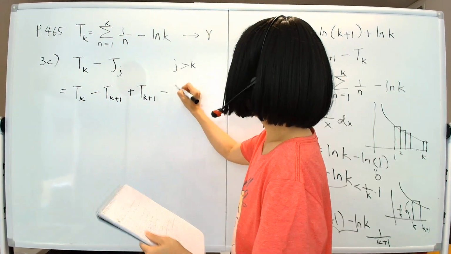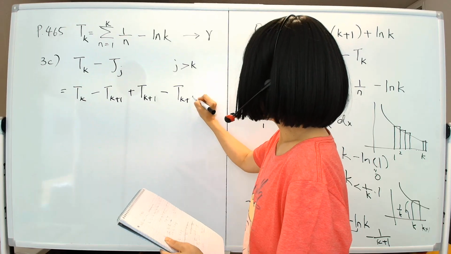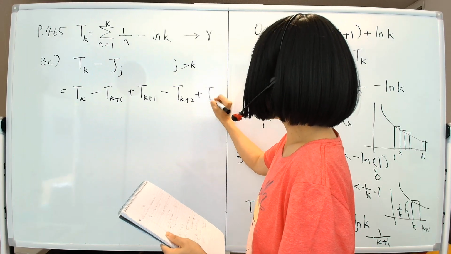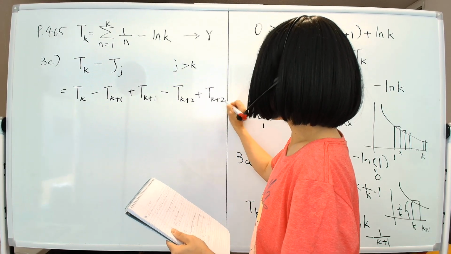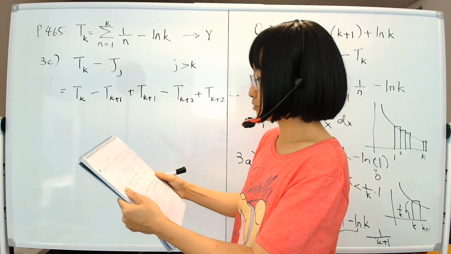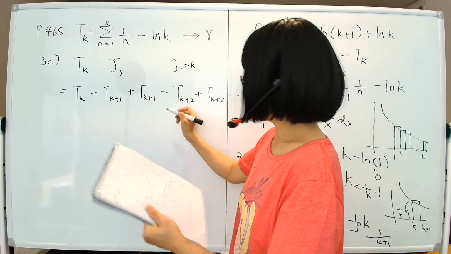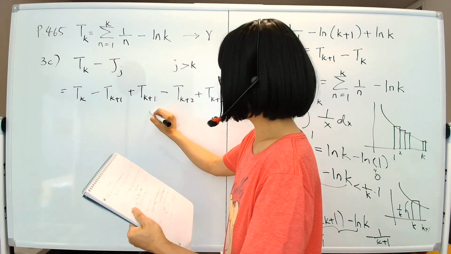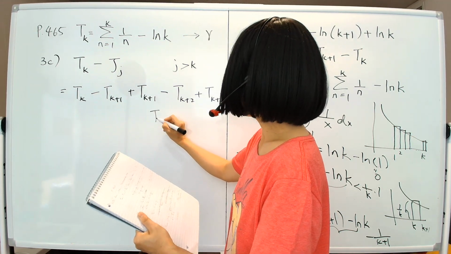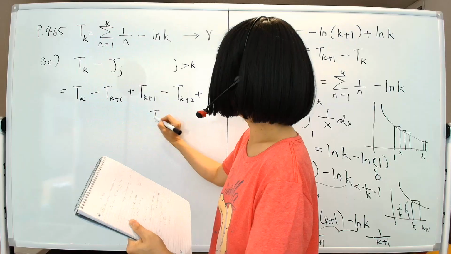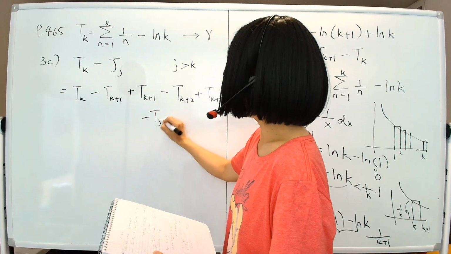And then minus t_(k+2), and then plus t_(k+2). We keep doing that until we get to t_(j-1), so we go all the way up to minus t_(j-1).